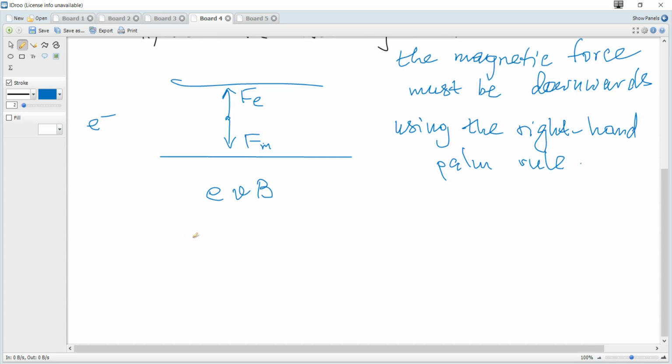How it works? You take the right hand, and four fingers must be in the direction of the velocity and the thumb in the direction of the force, and it's the right hand, and vector B, or magnetic field, must enter the palm.